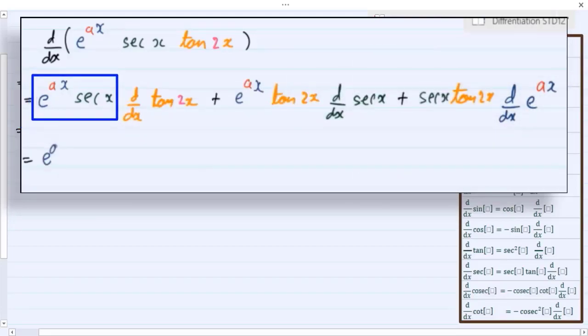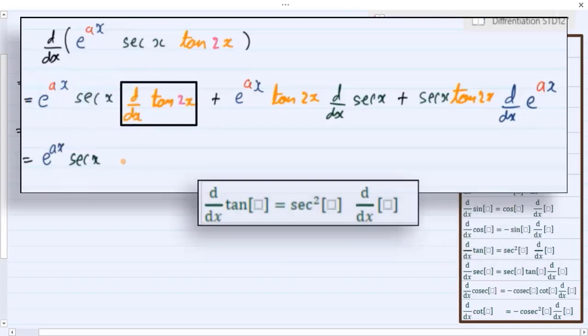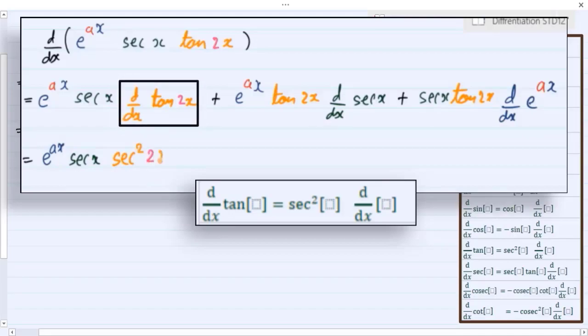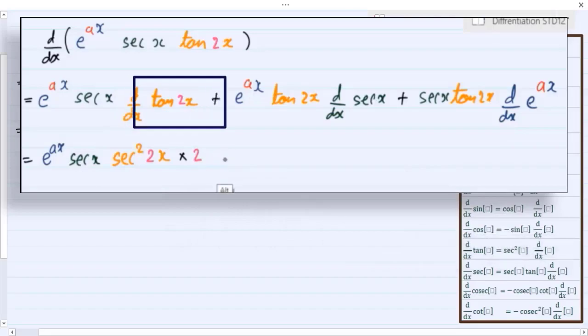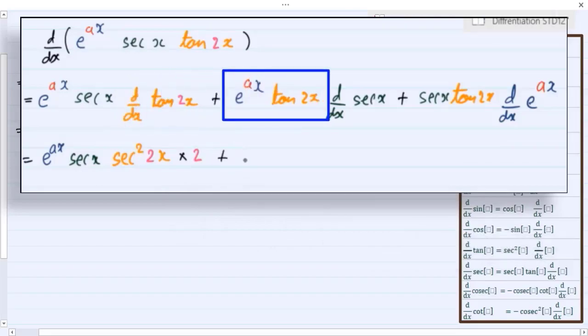In the first term, e^(ax) and sec x are as they are. Differentiation of tan 2x will be sec^2 2x into, we have to multiply the coefficient of x, or we can say differentiation of 2x is 2, plus in the second term e^(ax) and tan 2x will be as they are.